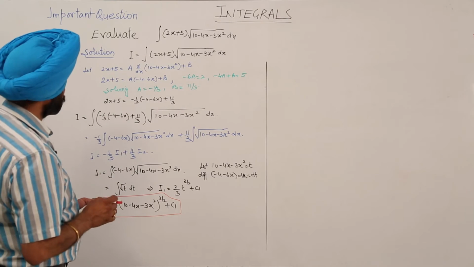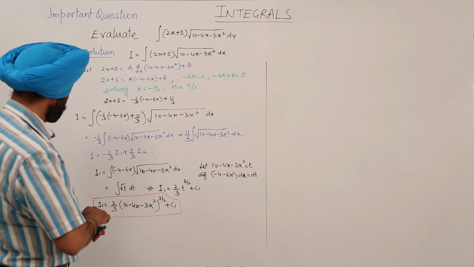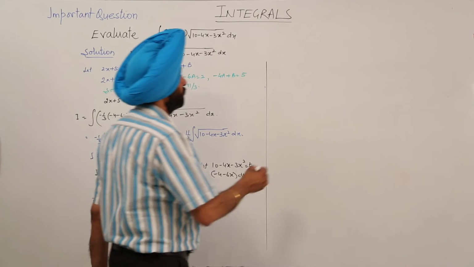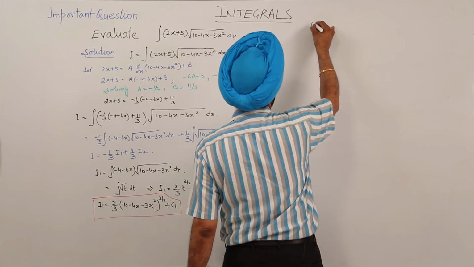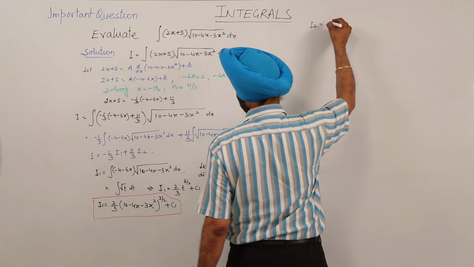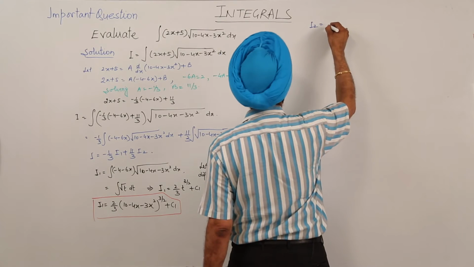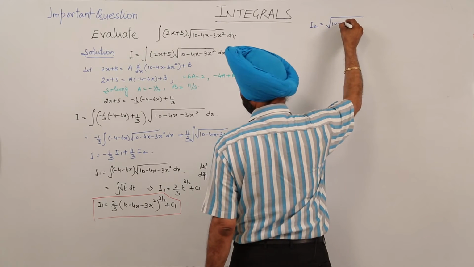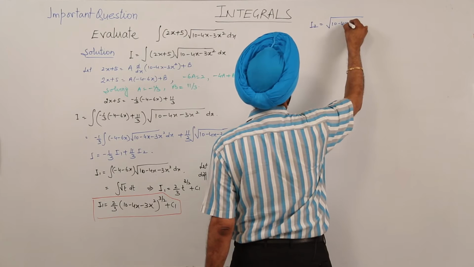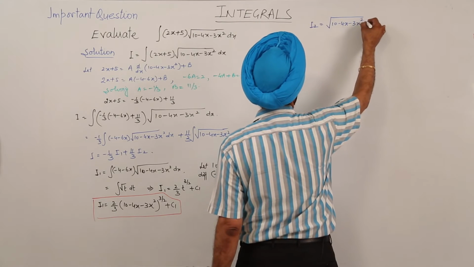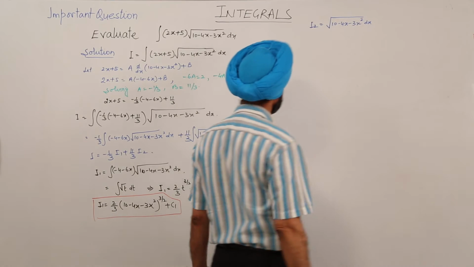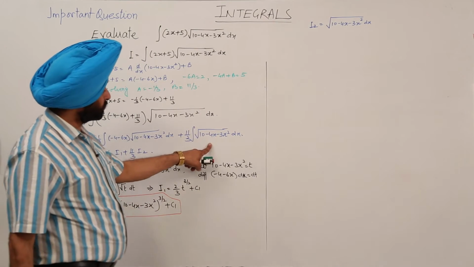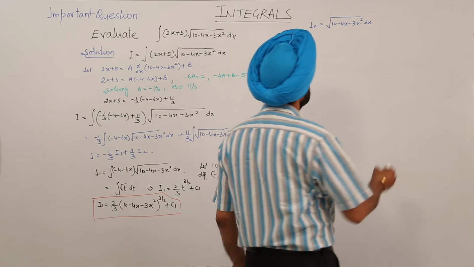Now solving I2. I2 is equal to the integral of 1 over the square root of 10 - 4x - 3x² dx.